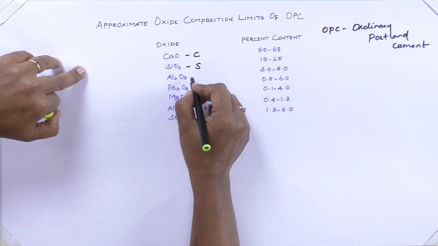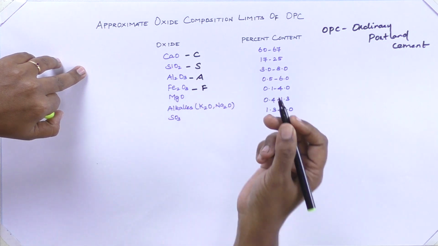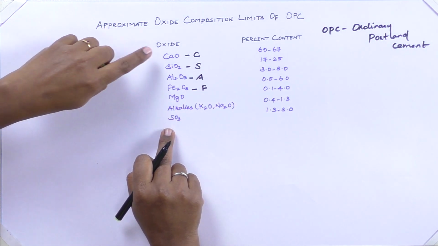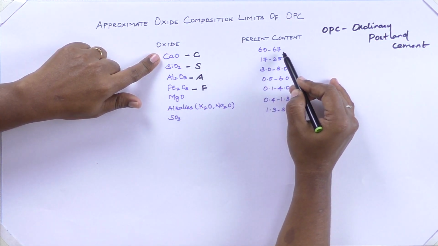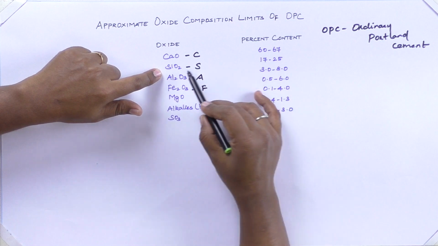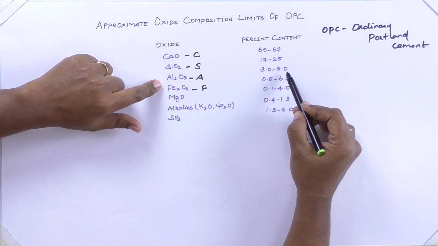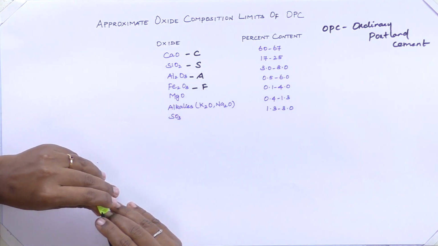SiO2 as S, Al2O3 as A, Fe2O3 as F, MgO, alkalis and SO3. CaO, the percent content is around 60 to 67 percent. SiO2 17 to 25 percent. Al2O3 is 3 to 8 and Fe2O3 0.5 to 6.